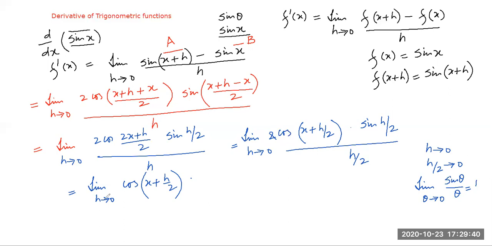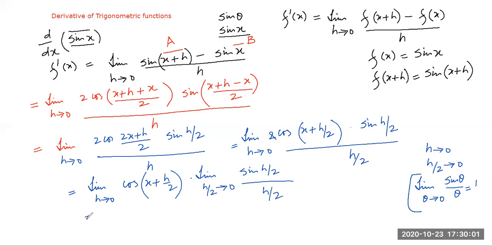So this is limit h approaches 0 of cos(x plus h/2) into limit, now I'm going to change the limit, h by 2 approaches 0, of sin(h/2) divided by h/2. Well, this is equal to 1.